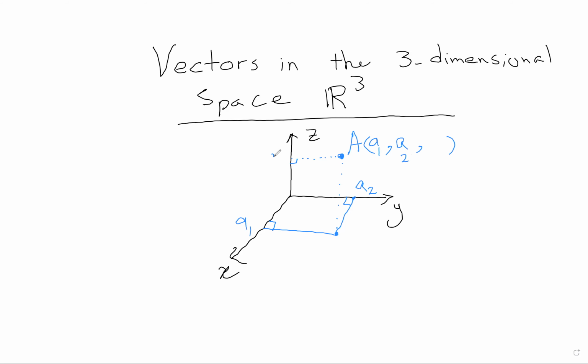And this number here is A3. The Z coordinate is A3. So every point in the space is determined and uniquely identified by three coordinates: X coordinate, Y coordinate, and the Z coordinate.